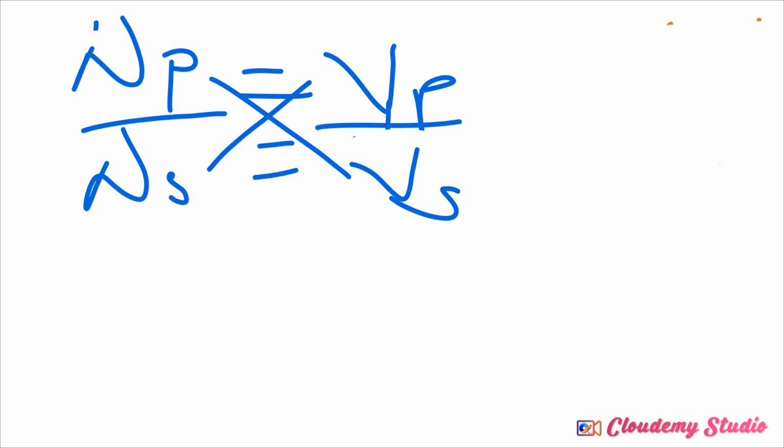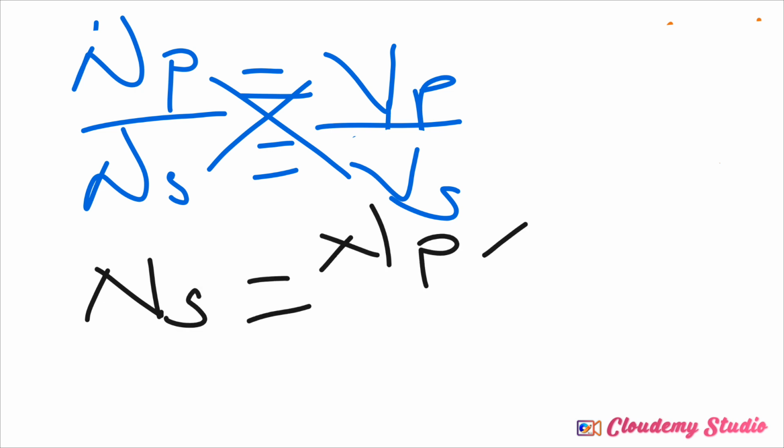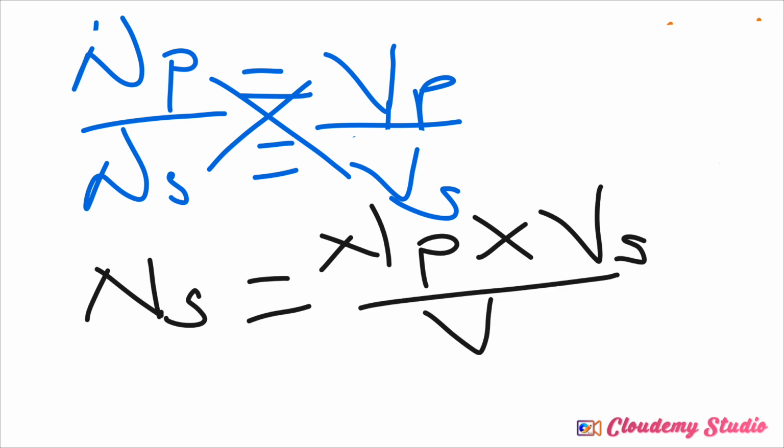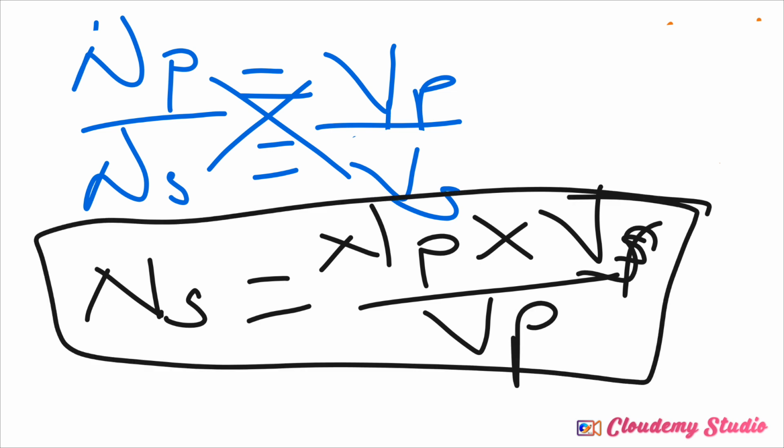So we are going to have the number of turns in the secondary equal to the number of turns in the primary multiplied by the voltage in the secondary over the voltage in the primary. Okay, so this is the formula we are going to use. Then we replace the numbers as per the given data, then we solve.